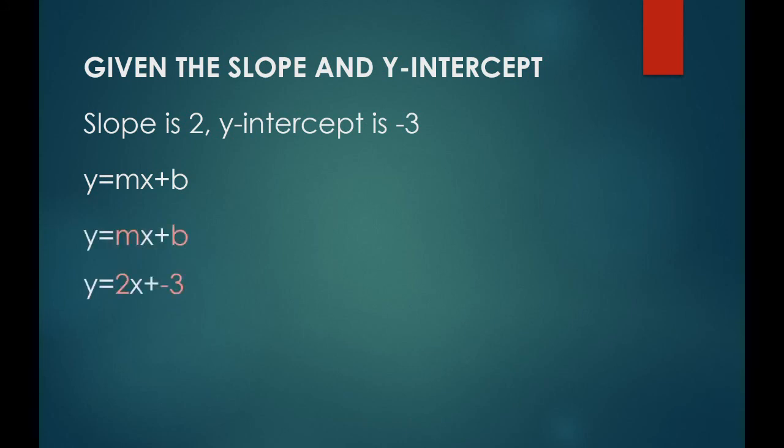We will replace m and b. The value of m is 2 and the value of b is negative 3. And that's how simple it is. That's the equation for that given. Y equals 2x minus 3.